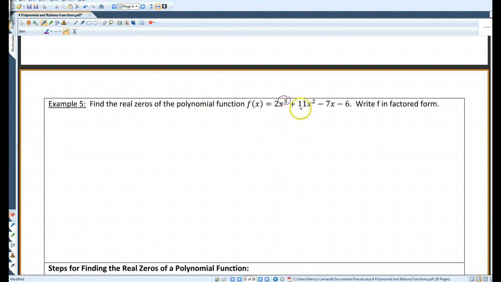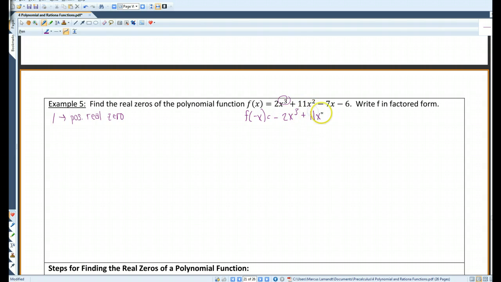There is one variation of the sign right in here, so there is one positive real zero. Now, if we plug in f of negative x, we get negative 2x cubed.